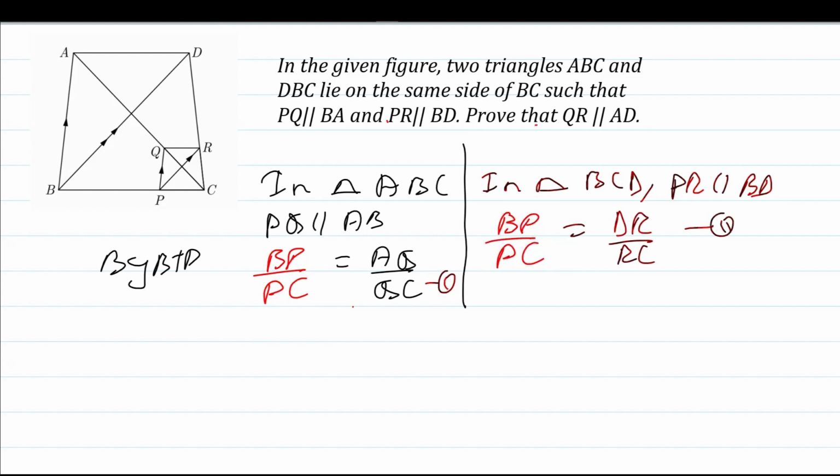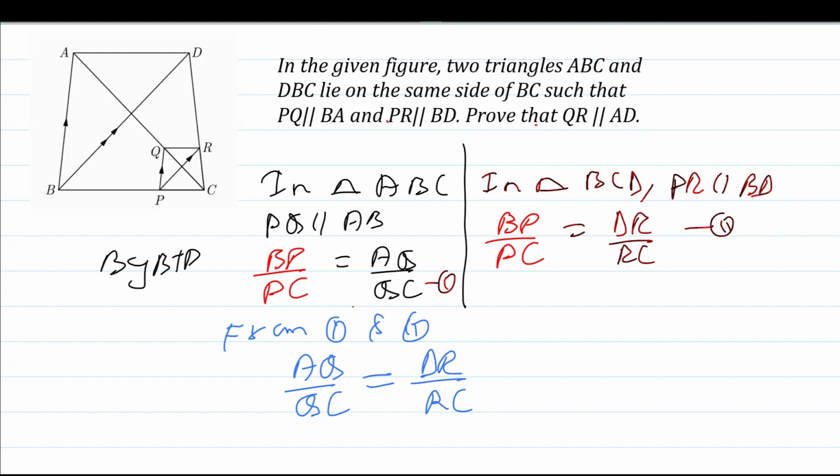So from 1 and 2, their LHS are equal, so we need to equate their RHS. That is, AQ over QC should be equal to DR over RC.